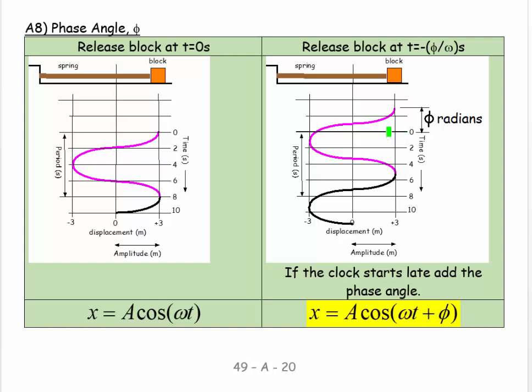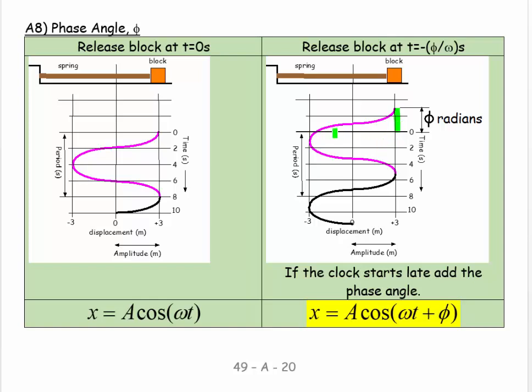What we realize is that all we have to do really is somehow account for this lag of the clock. It's still a cosine function. It still depends on omega t. It's just that when you should be at one point, you're delayed. You're somewhere else.